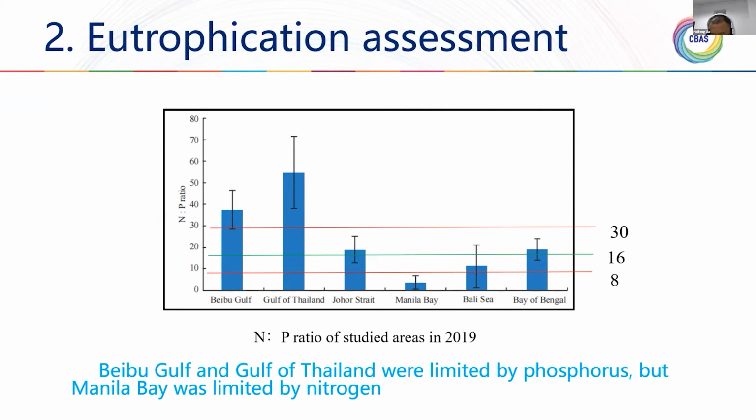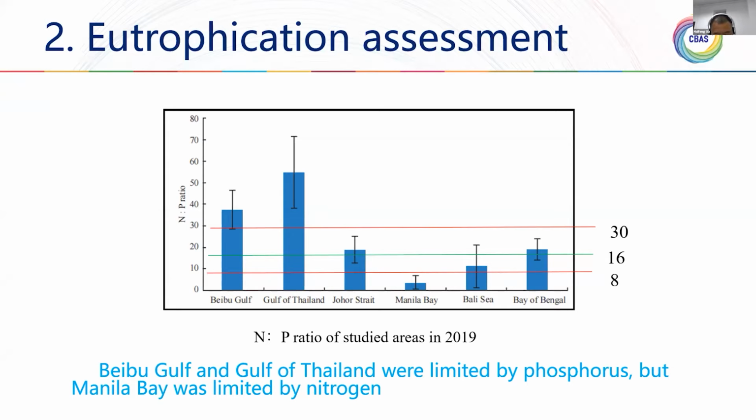Eutrophication leads to the imbalance of the ratio of nitrogen and phosphorus in seawater, and there must be a relative surplus of nitrogen for a phosphorus limited water body or phosphorus for a nitrogen limited water body.